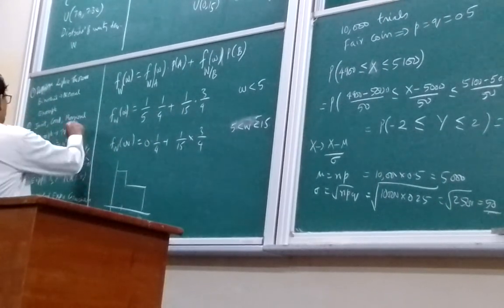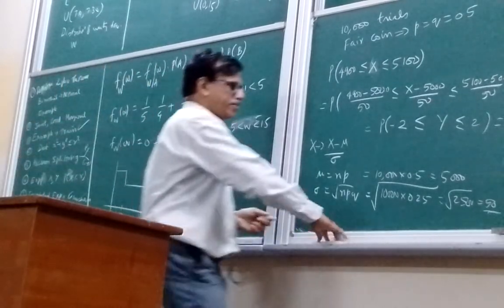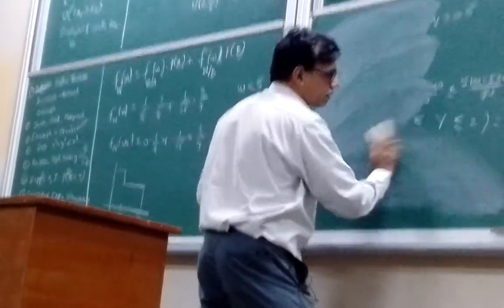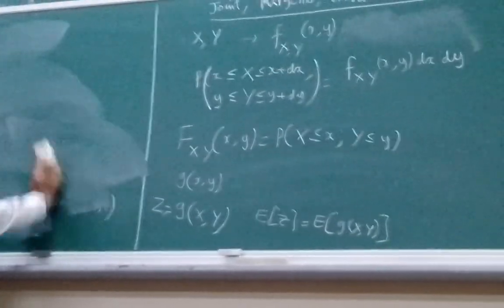Well, now we will take the next example. What you do is, you throw a dart on a target which is circular in shape.